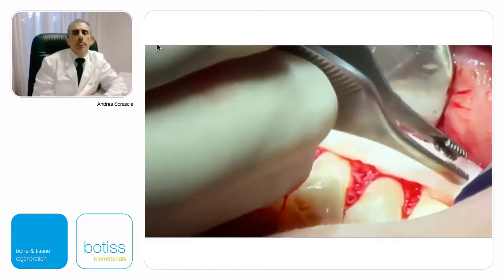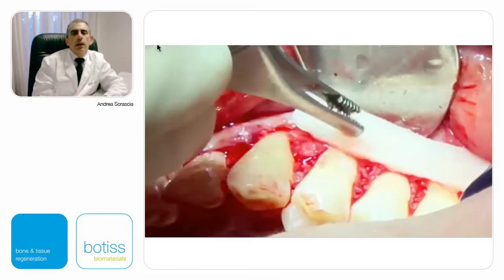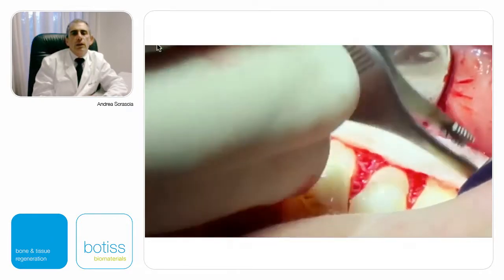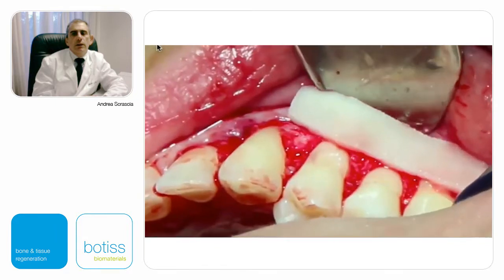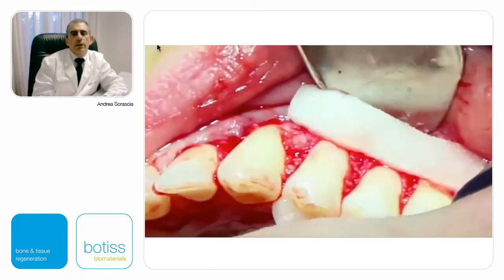Then I try the length of the Mucoderm and the right thickness.